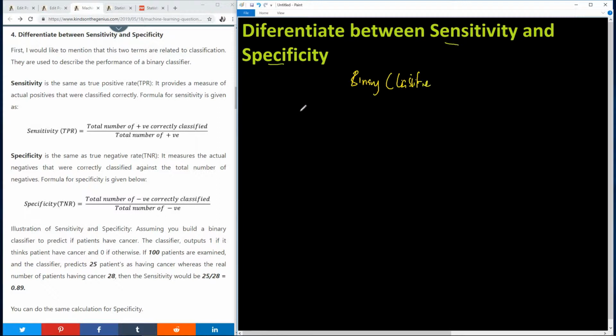All right. And again, let's now look at sensitivity. Sensitivity also has a name, true positive rate. So sensitivity, make no mistake about it, is the same as true positive rate.